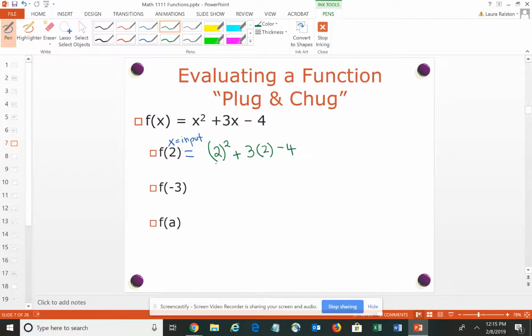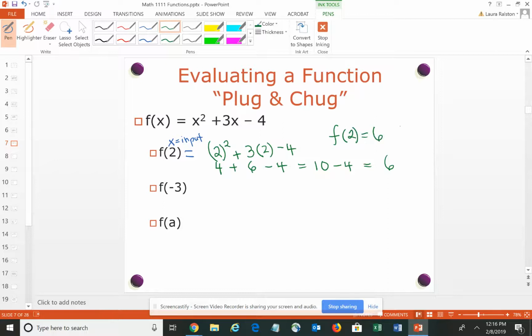You can use a calculator. You can do it in your head. 2 squared is 4, plus 3 times 2 is 6, minus 4. 4 plus 6 is 10, minus 4, which is ultimately 6. A lot of times you'll see the answer written this way: f at 2 equals 6.